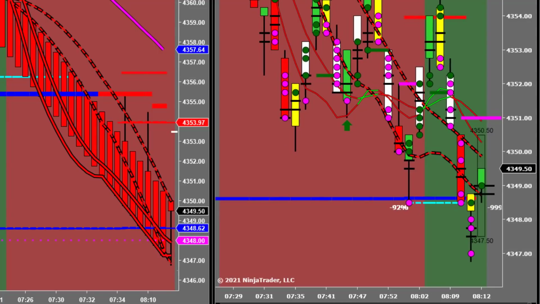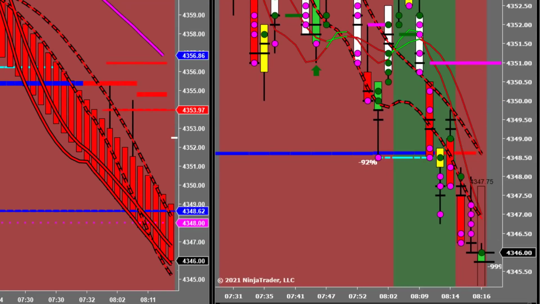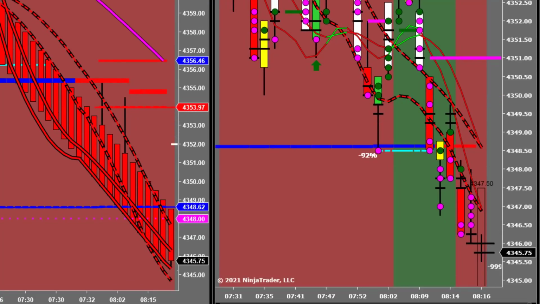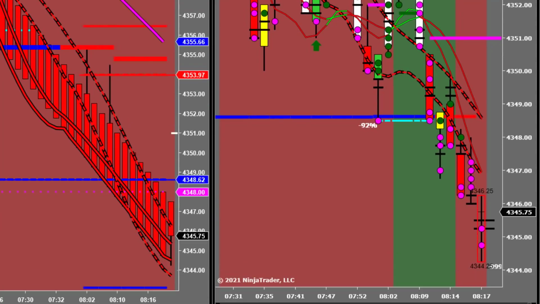Again, I can't stress enough, the strength of the triggers on the 13-2 chart would keep you from taking any long trades. And now we're breaking support, so you know what happens when we break support, right? We go to the next support. Most of the time. Unless the triggers give out, then we usually make it to the next support.